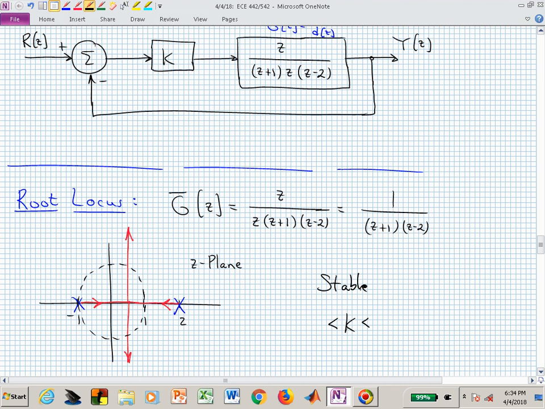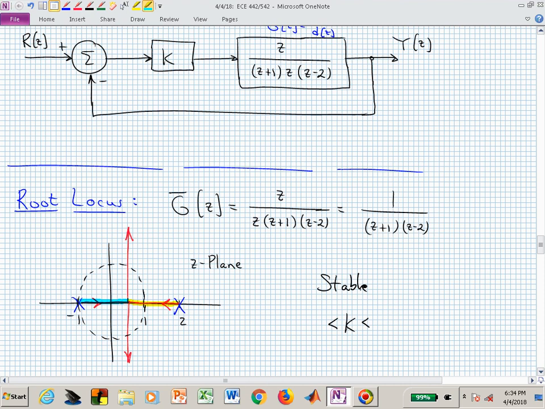And which of these locations on the root locus determine the lower limit of k? Do you see what I'm trying to push you into thinking? As I crank up k, this branch goes there. This branch goes there. The blue branch, if you can see that, as I crank up the k, has it changed from unstable to stable?